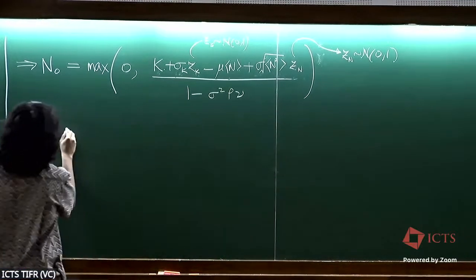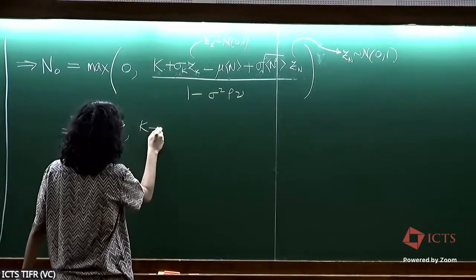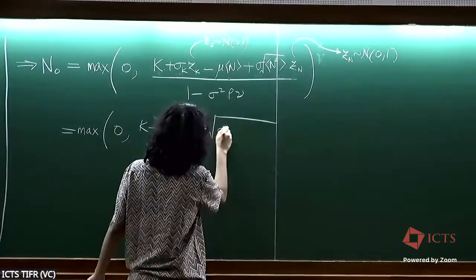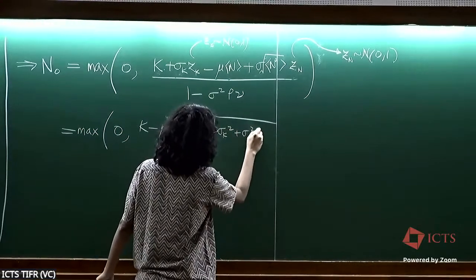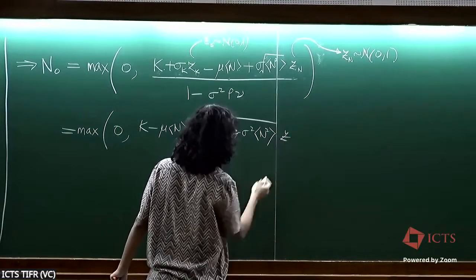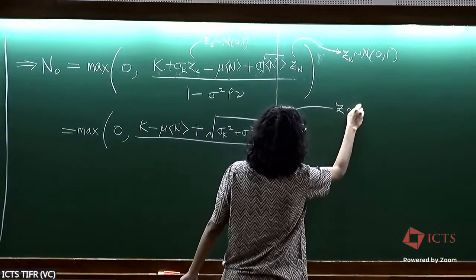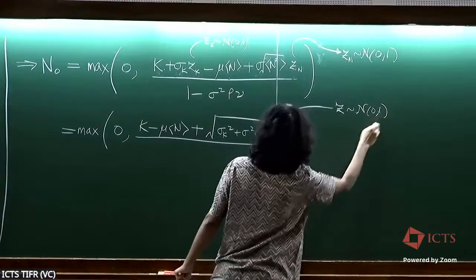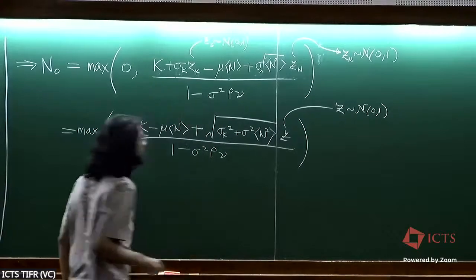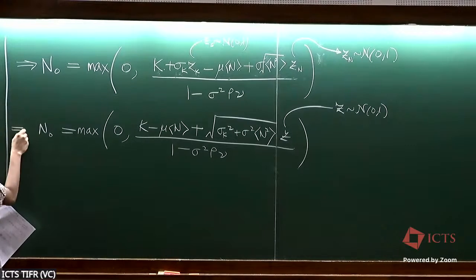Another way of writing this down would be k minus mu mean n plus the root of sigma k squared plus sigma squared mean n squared times some other standard normal variable z. If you're confused about the statement that the sum of two Gaussian random variables is Gaussian, either come to me later or look it up.